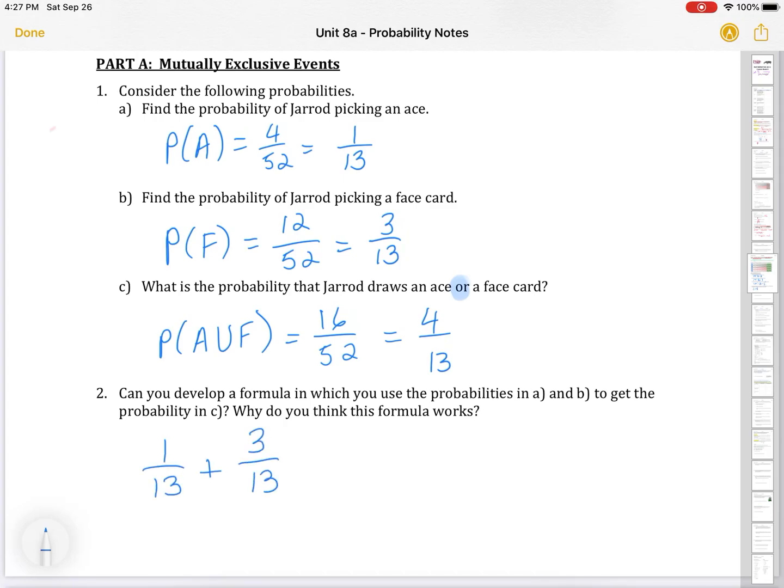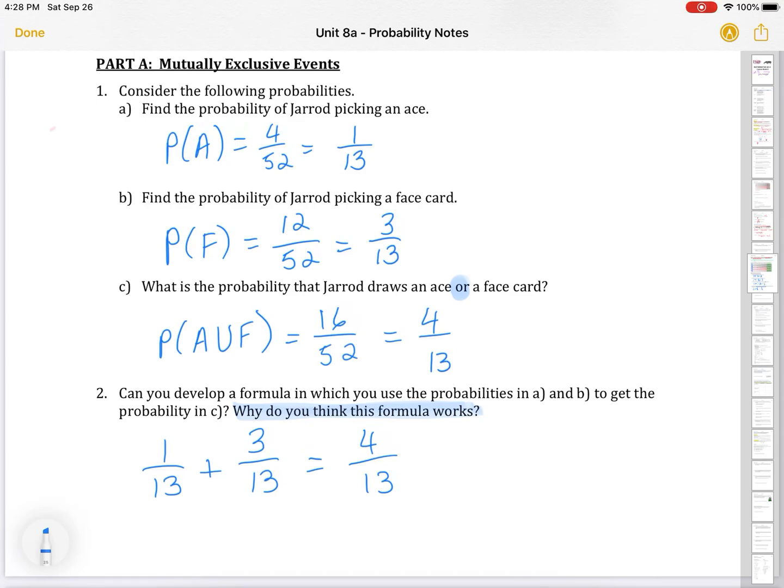It says, can you develop a formula in which you use the probabilities in A or B to get the probability in C? Well, if I take 1 out of 13 plus 3 out of 13 and add them together, I will get 4 out of 13. Why does this formula work? Because there's no overlap.